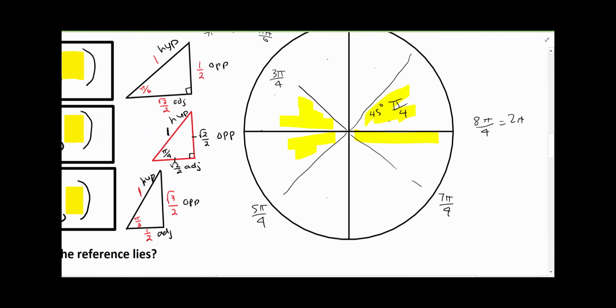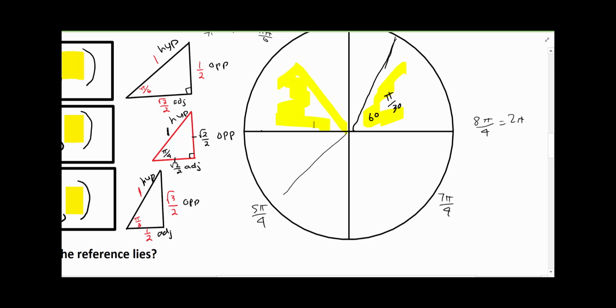So let me get rid of all this stuff if I can. All right, so 60 degrees, we're going to be up here, right? So that's 60 degrees. Well, that's the same thing as pi thirds. So there's going to be 1 here. There's going to be 1 here.